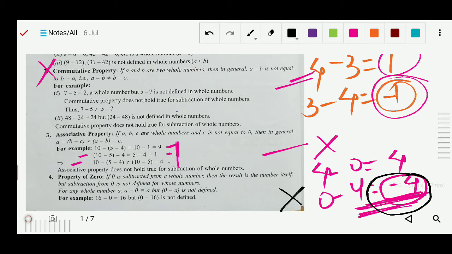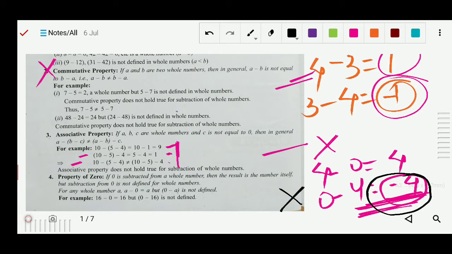Half is followed, but half is not. So the conclusion: in subtraction, closure, commutative, associative and zero properties are not followed.